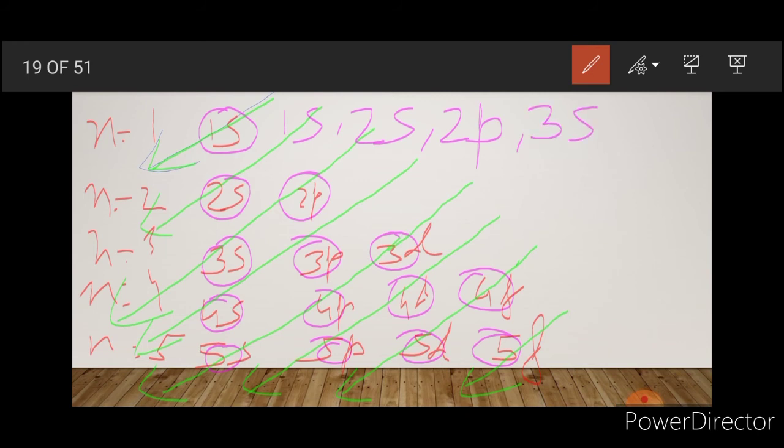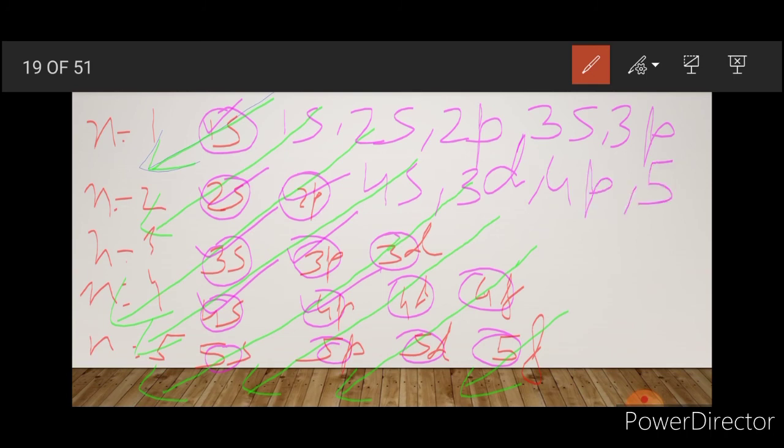In the sequence which we have cut, that only I am writing in a line: 1s, 2s, 2p, 3s, 3p, 4s, 3d, 4p, 5s. Write till here only. We can write for all, but write till here only.